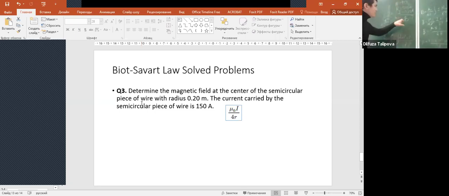So L is different here. For a circular coil, L is equal to 2 pi r, but with the semicircular, L is equal to only pi r, not 2 pi r. So we should use pi r instead of 2 pi r here, okay?